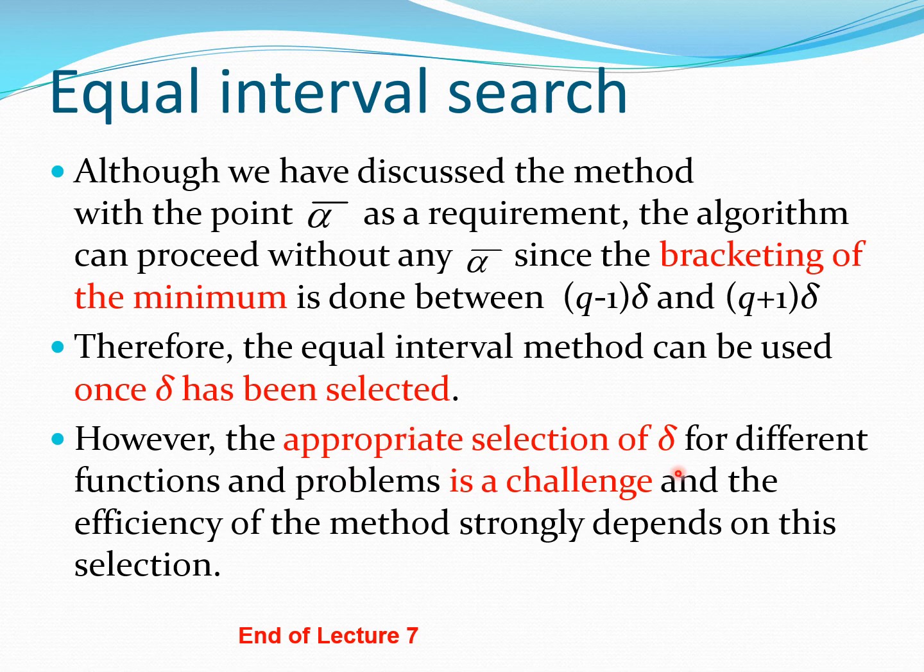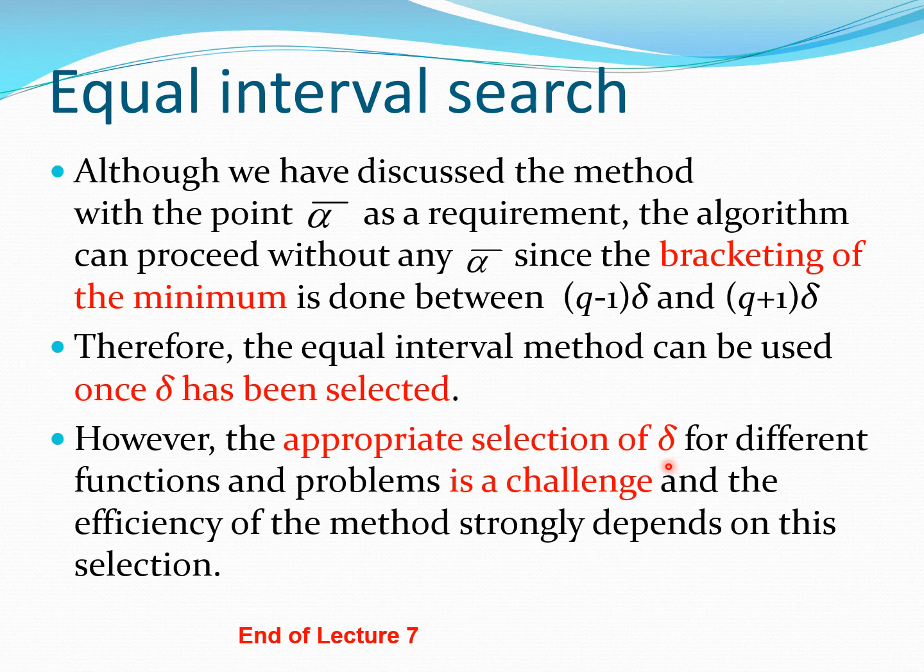So appropriate selection of delta is going to be very important, and this is going to be a challenge for most situations because, as you can understand, all functions do not have the same level of scaling. So one of the important things is that you need to scale your variable such that the numbers are reasonable.